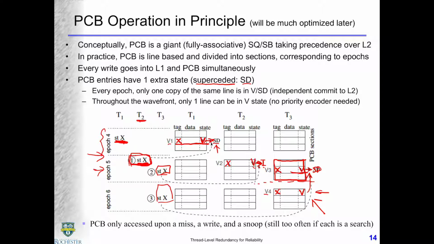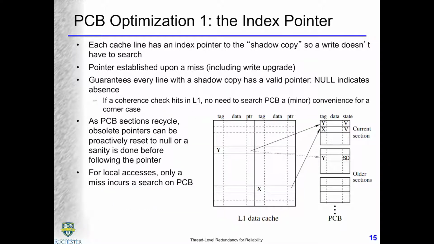So here come 2 optimizations, and after both optimizations, it turns out you barely need to touch your PCB. Optimization 1. This time I do have to touch the cache. I'm going to change the cache to add one more field. So I used to have tag, data, and state, which I didn't draw here.